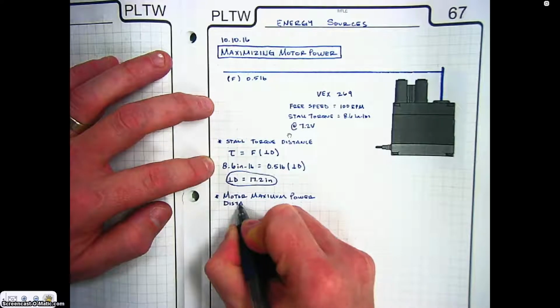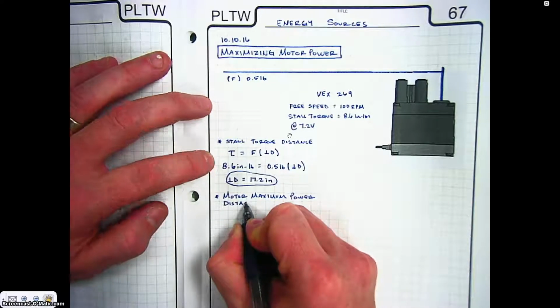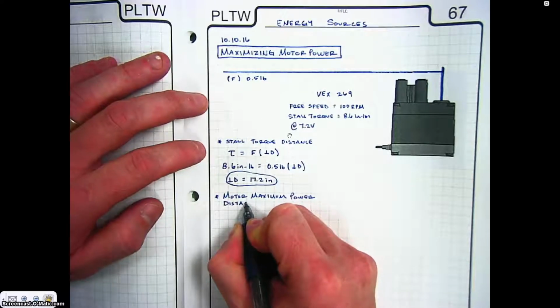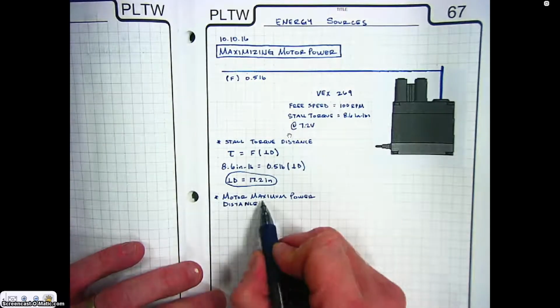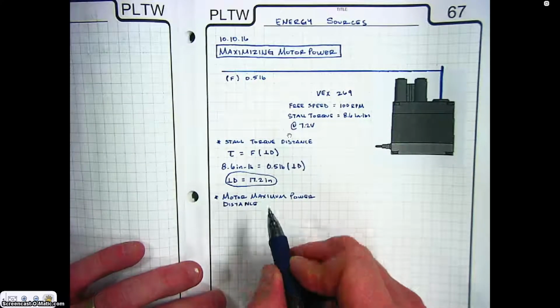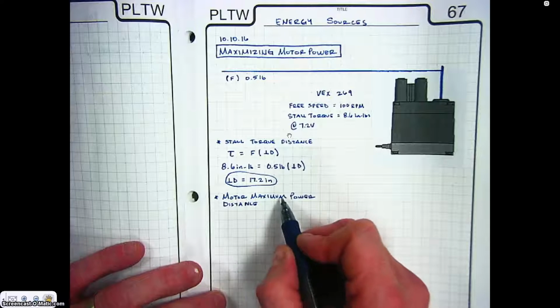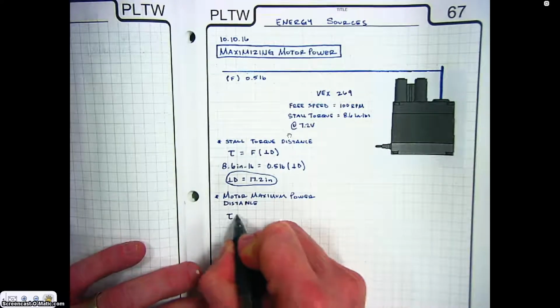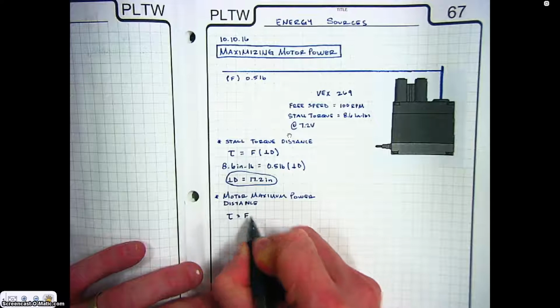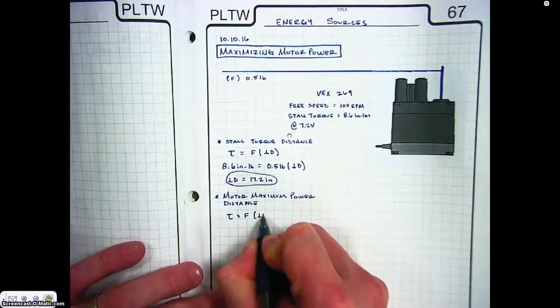What's the distance if our motor is at maximum power so that we can gain the benefit of having the maximum power coming out of the motor? Again, it's the same formula: torque is equal to force times perpendicular distance.